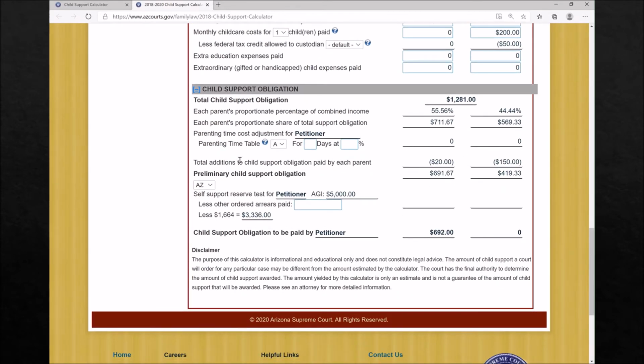Now let's proceed. There's a parenting time cost adjustment. Again, these are adjustments based on your specific scenarios. And as I said before, there's a question mark here. You can take a look and understand exactly what this means.